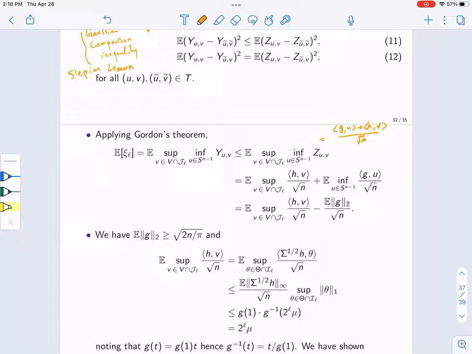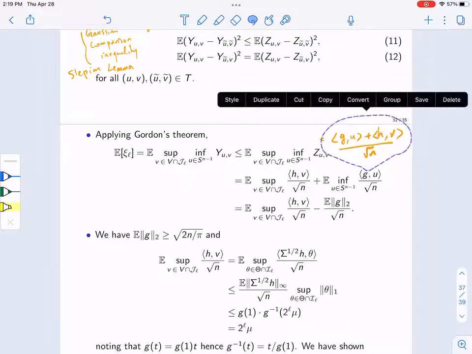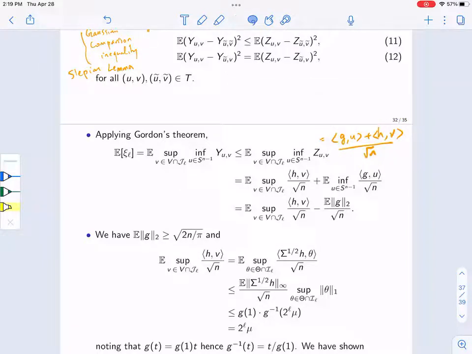I just plug this in, and then you tell me why the next step is valid. Okay, so that's this guy. So now why can I write something like this?